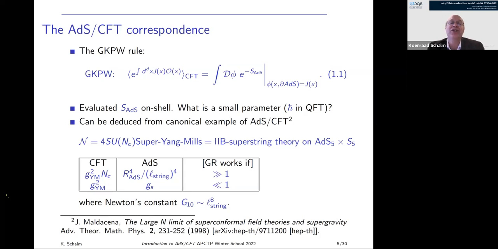If you would gauge that global symmetry in the CFT, that precisely corresponds on the AdS side to changing from Dirichlet to Neumann boundary conditions. But in general, these are not the standard situations that you discussed. I hope that answers your question.